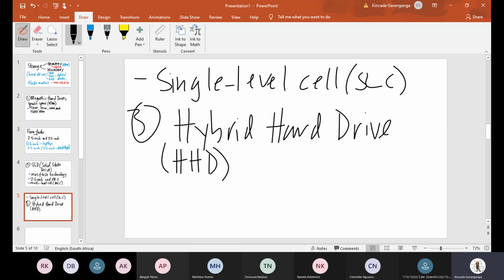And like I said before, it just combines flash memory with the spinning platters to provide fast and literally reliable storage as far as your setup is concerned. Like I said before, the part that is associated with your SSD is the one that is normally used for booting and running your apps.